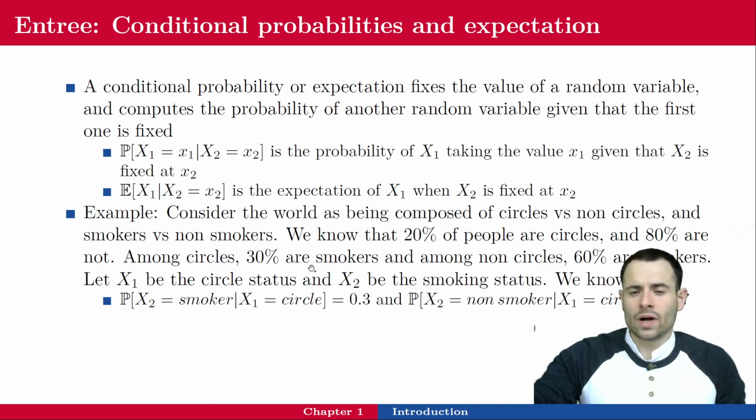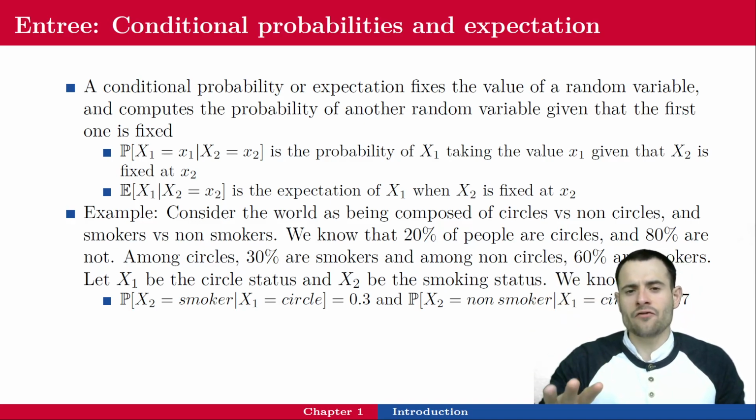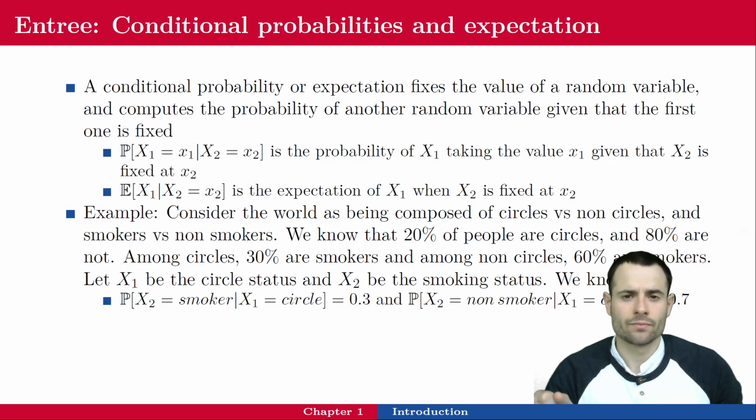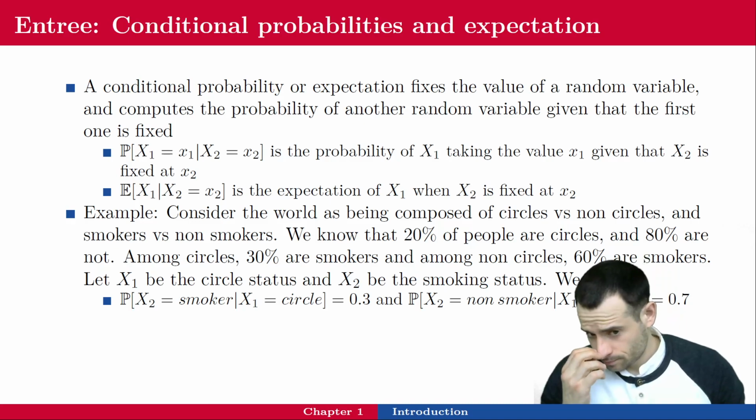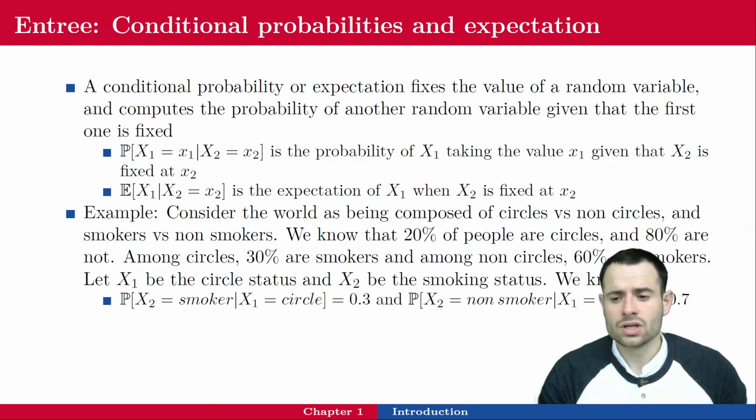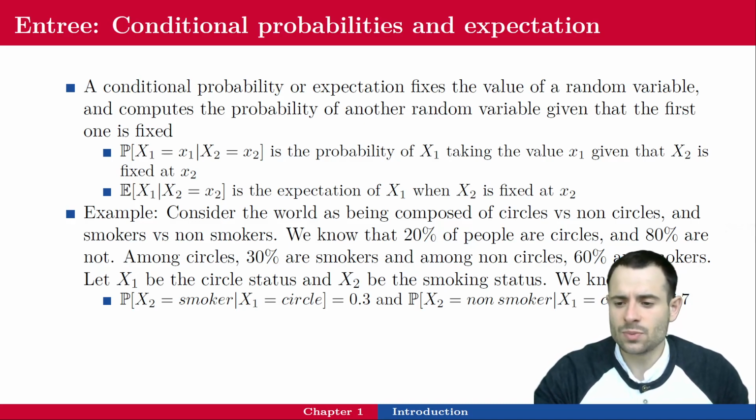So when I look at the circles in particular, I find 30% of smokers. And equivalently, when I look at circles, if I know they are 30% of smokers, I know they are 70% of non-smokers.